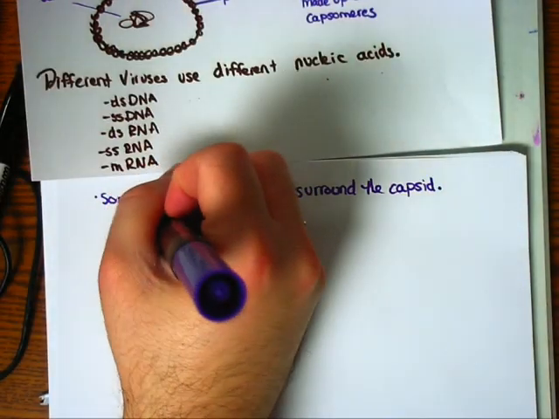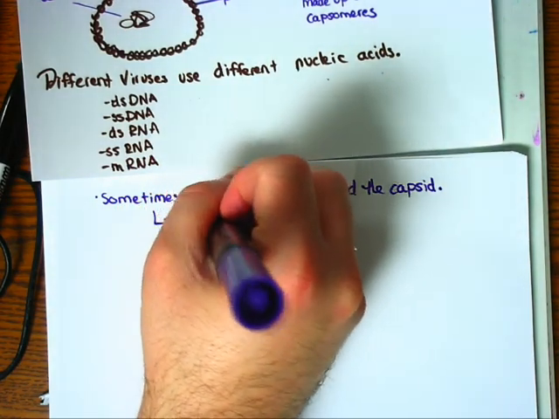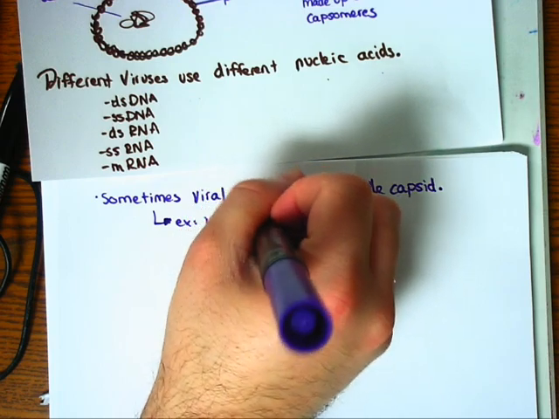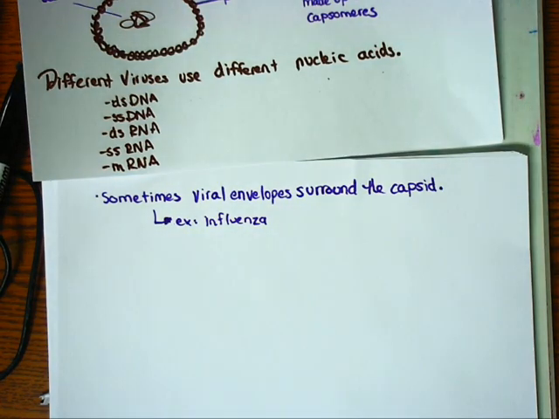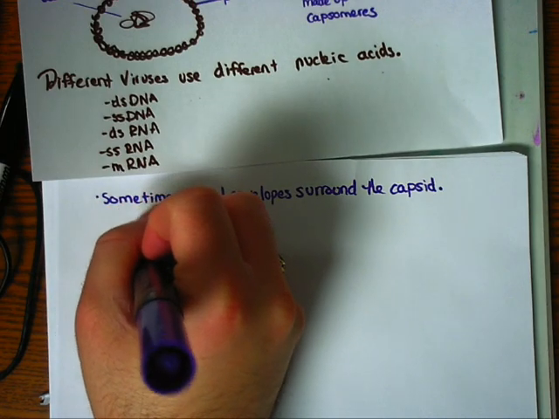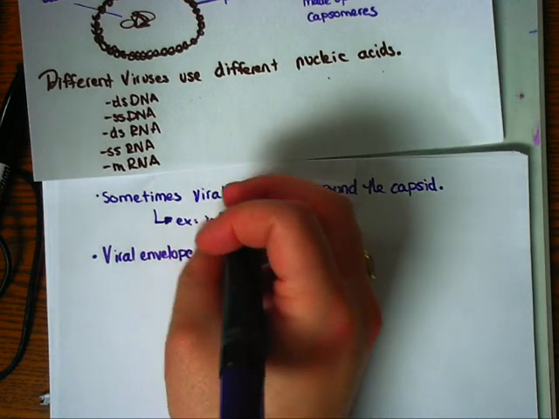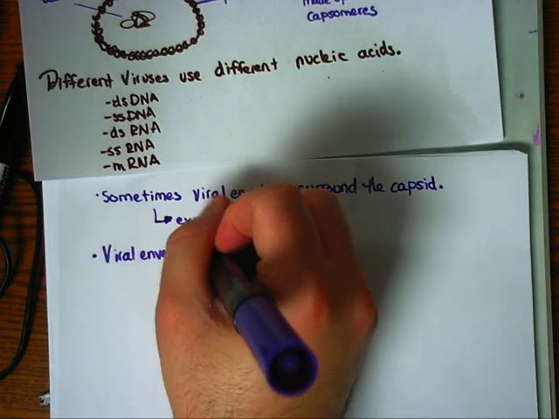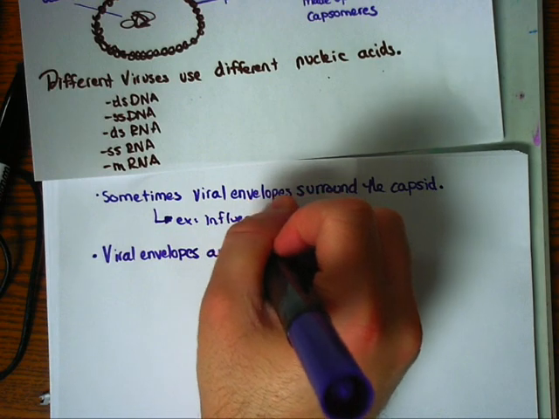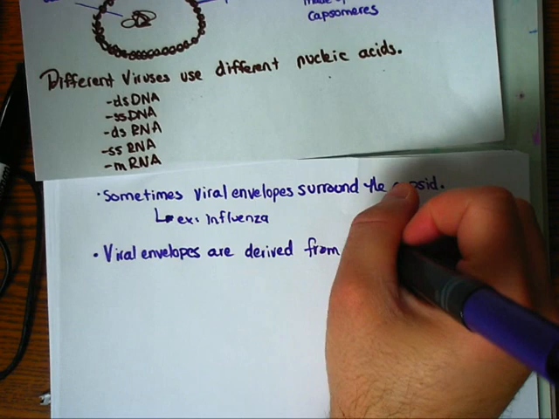A good example of one that does this would be the influenza virus. Now, one thing I'll say about this viral envelope is that most of the time, they're derived from the host cell membrane.